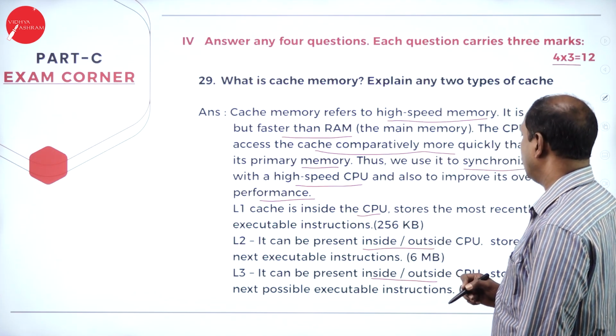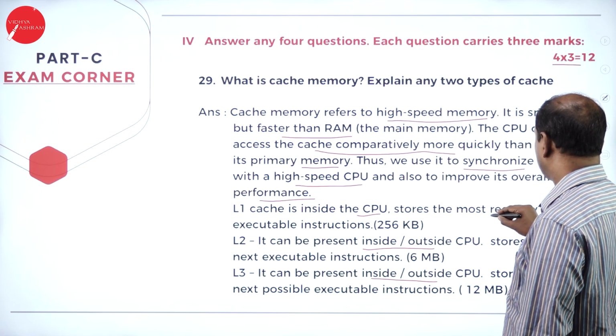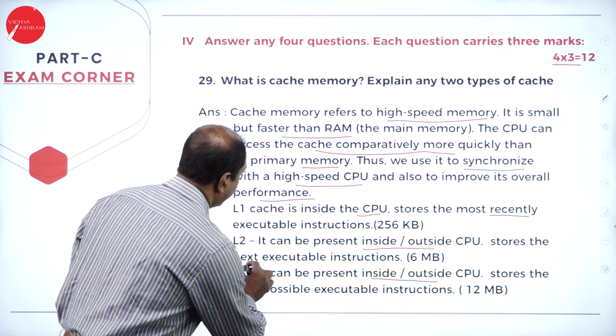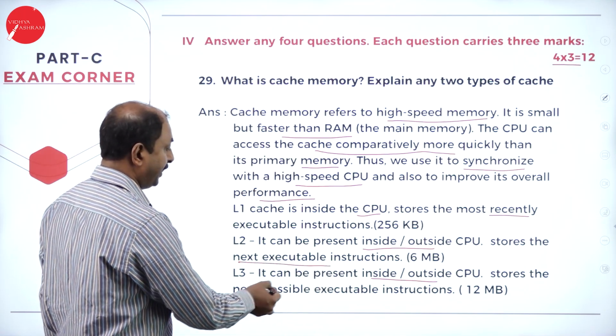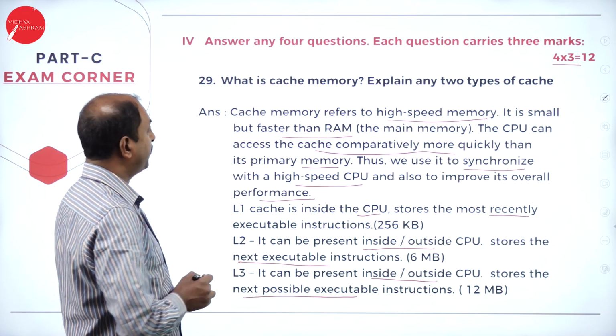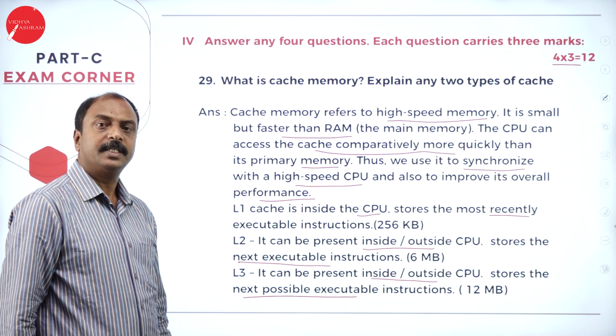L1 stores the most recently executable instructions, L2 stores the next executable sections, and L3 stores the next possible executable instruction. So this is the answer for cache memory and its types.